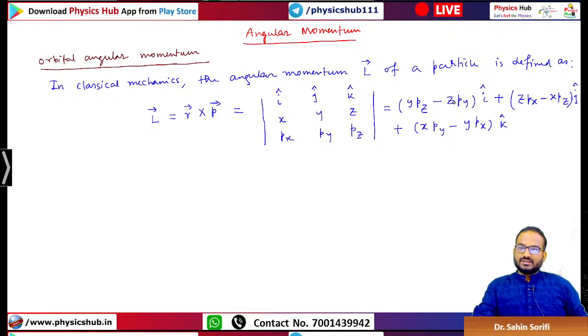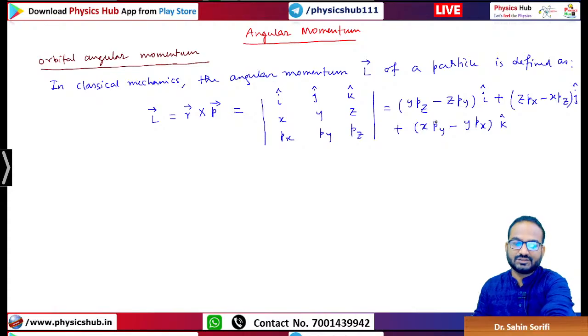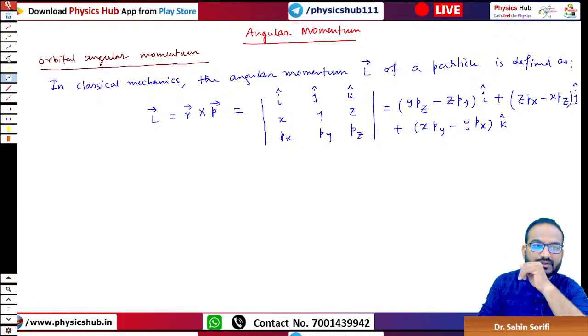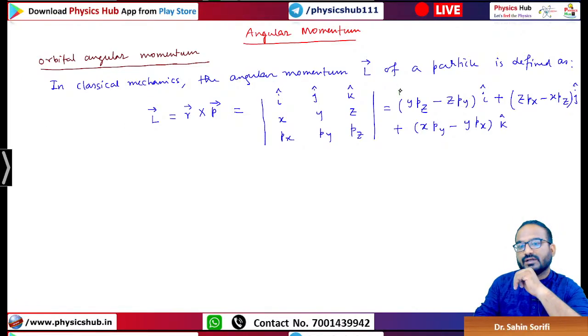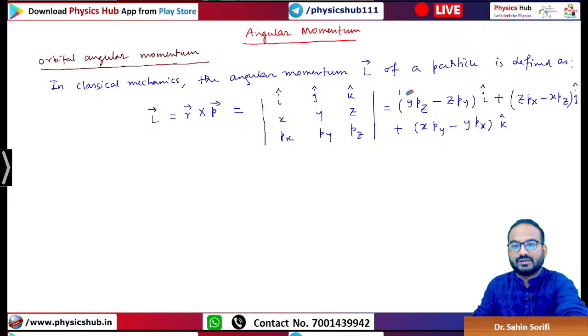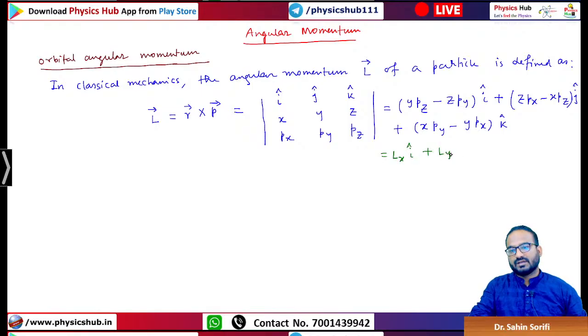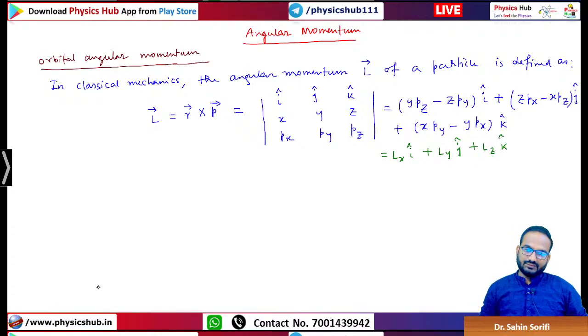So this is the component along each direction, and we can write this as Lx i cap plus Ly j cap plus Lz k cap. So this is the classical definition, right?